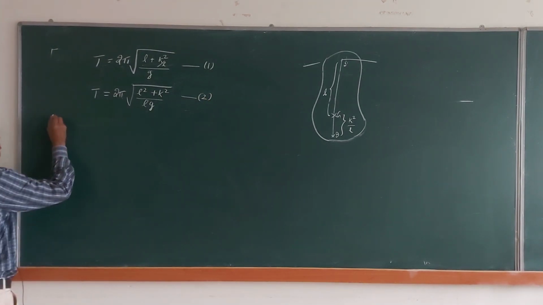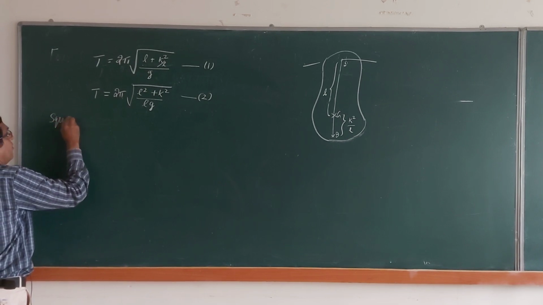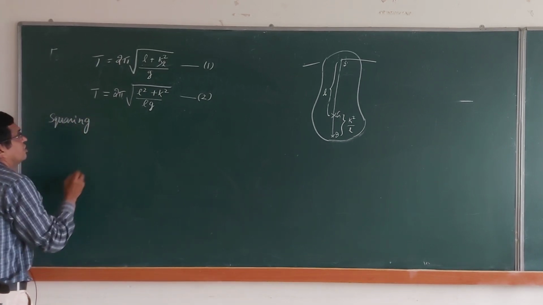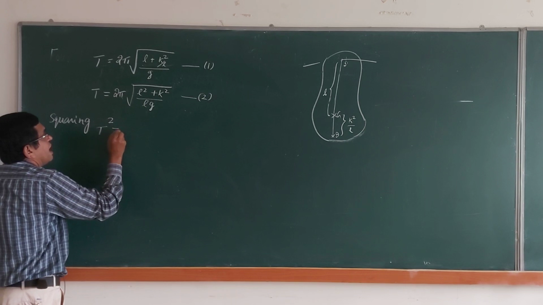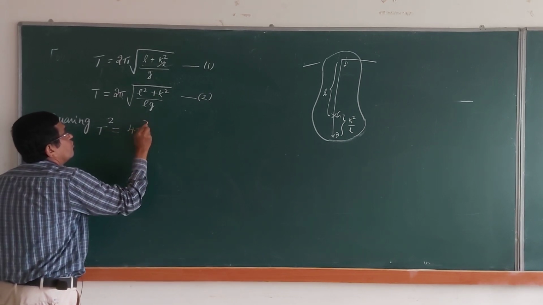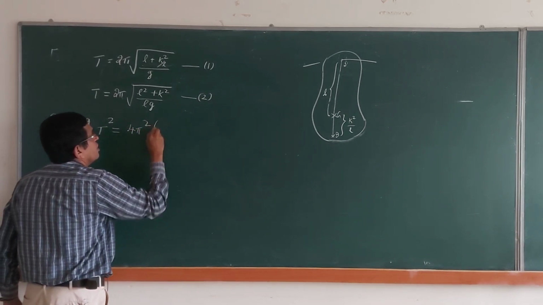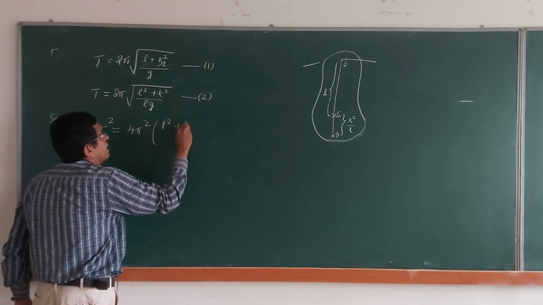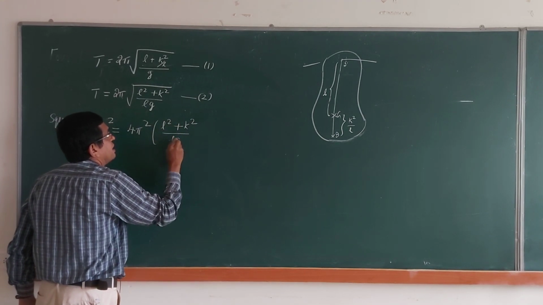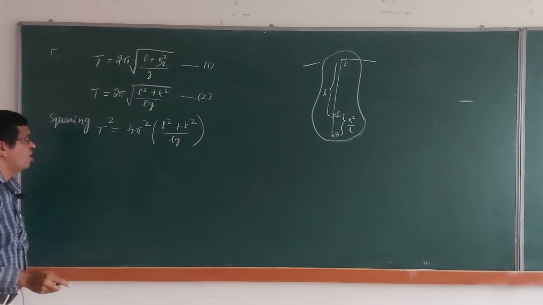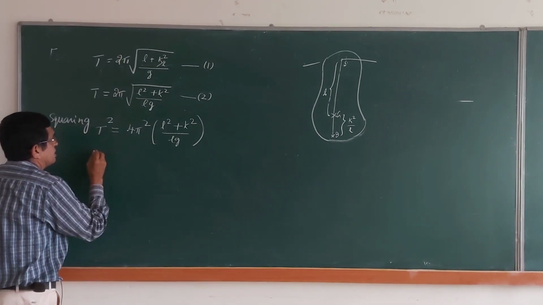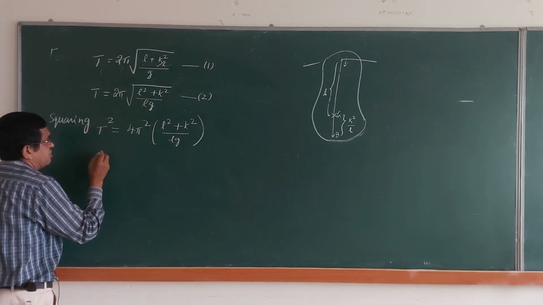Let us square this equation. On squaring, what will you get? T square equal to 4 pi square (L square plus K square) by Lg, or we can rearrange the equation.